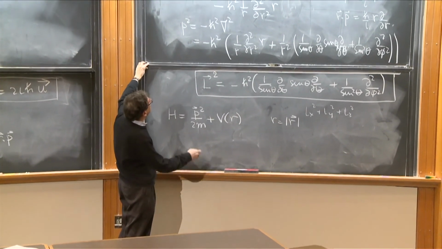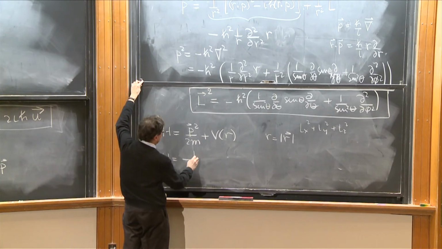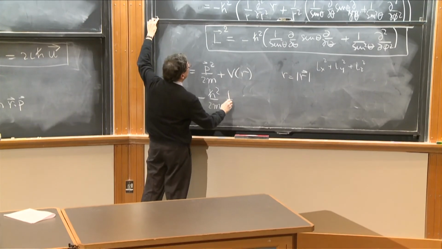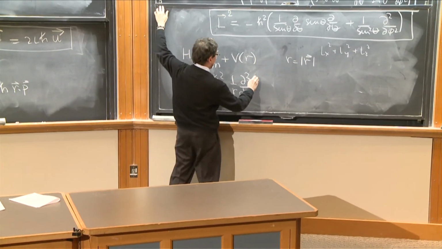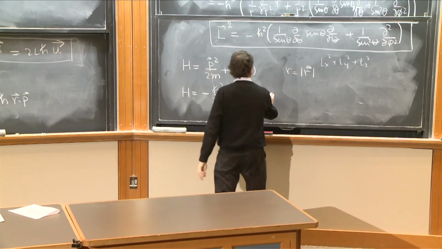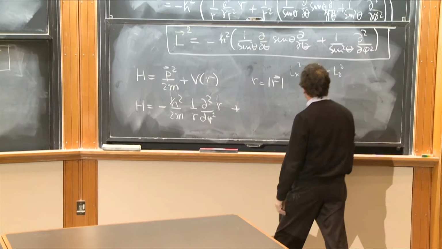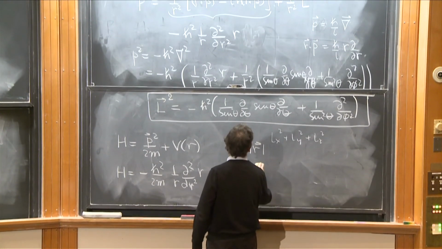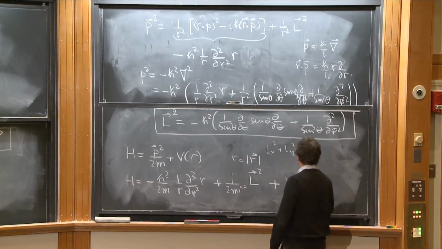So this whole Hamiltonian is minus h bar squared over 2m times 1 over r d second dr squared r, plus, from P squared over 2m, 1 over 2m r squared L squared, plus V of r.